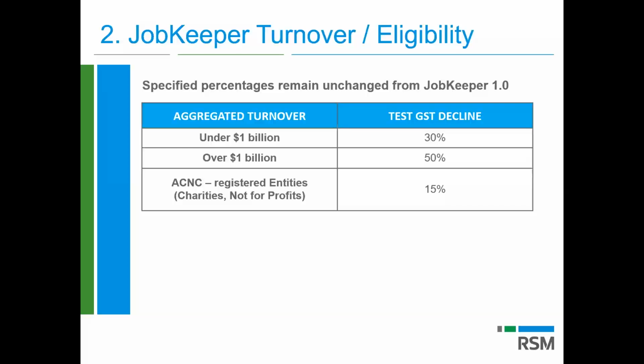If you're an entity with an aggregated turnover, and I'll come back to what aggregated turnover means in a minute, of less than $1 billion, then your turnover decline is 30%. And if you're an entity with an aggregated turnover of greater than $1 billion, then the decline in turnover required is 50%. So let's have a look at aggregated turnover.